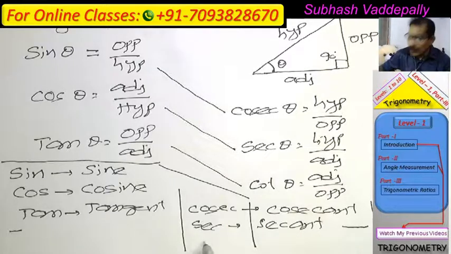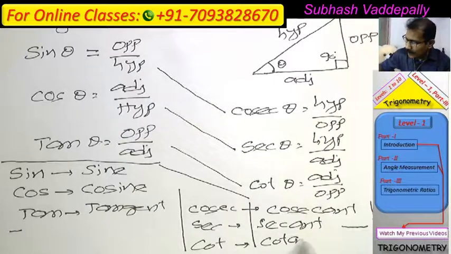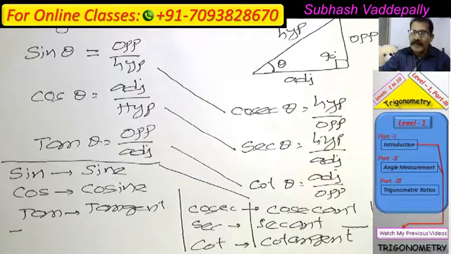And in short, I am writing cot, but in fact it is cotangent. So every time you need not write the full form, we just use short forms.